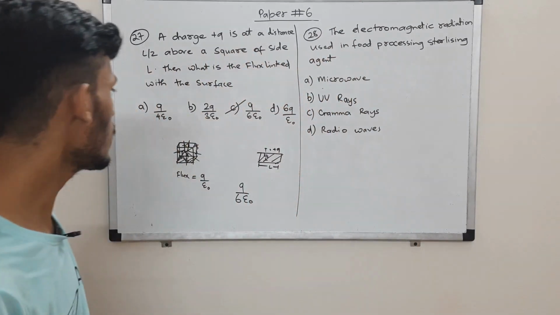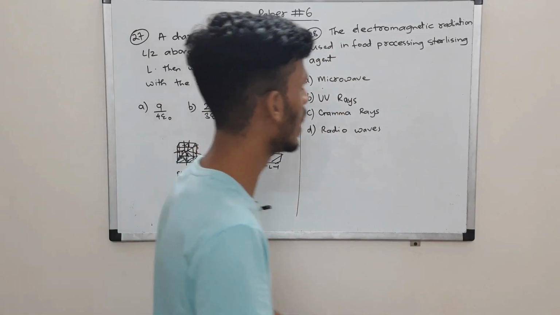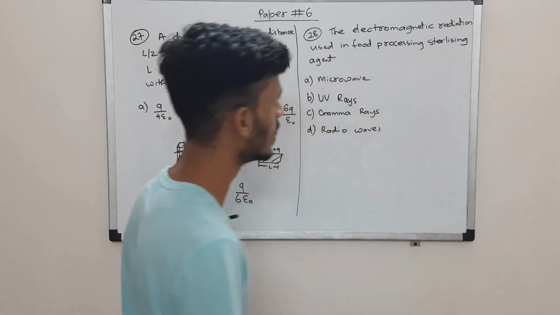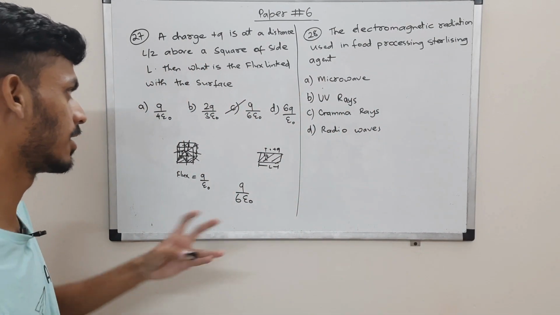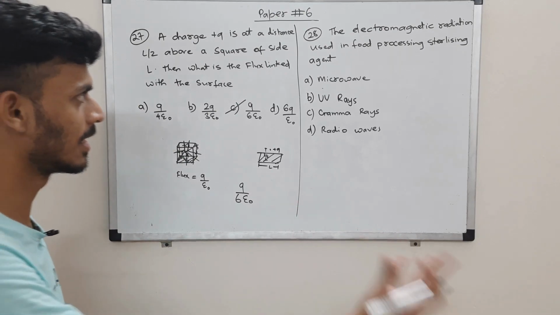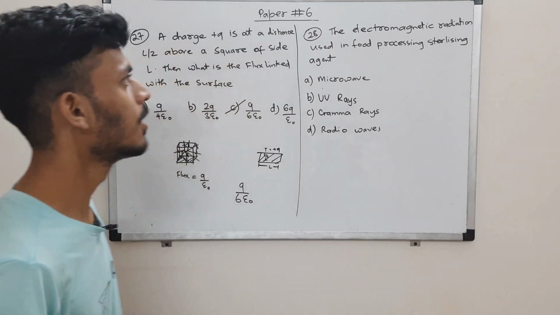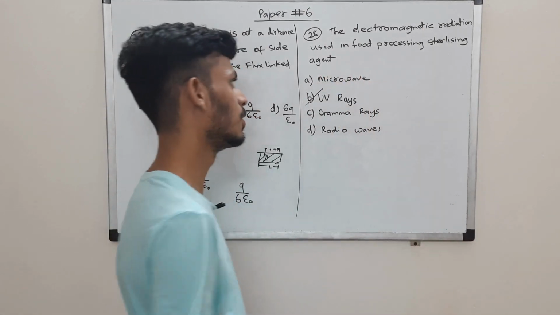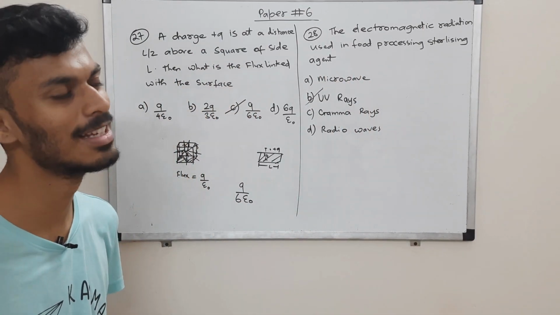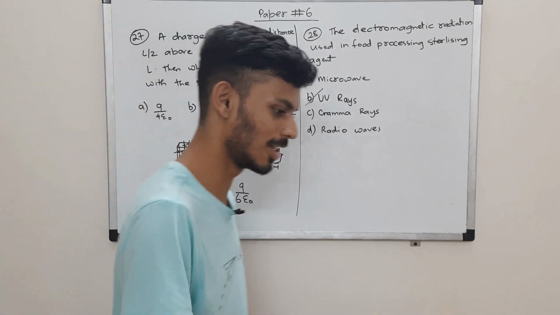Let us come to this question now. We have an electromagnetic radiation which is used as a food processing sterilizing agent. You are supposed to tell such a radiation, and the answer over here is option B, UV rays. Don't ask me why. This is a theory based question. You're just supposed to know it.